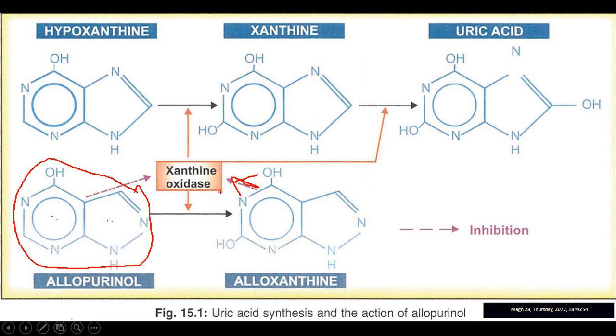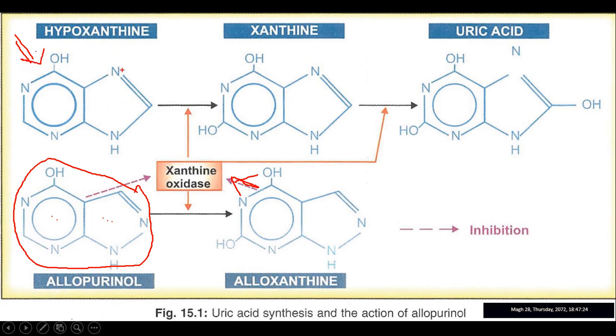And this xanthine oxidase is normally responsible for the conversion of hypoxanthine, which is the end product of purine metabolism, coming from purine metabolism.